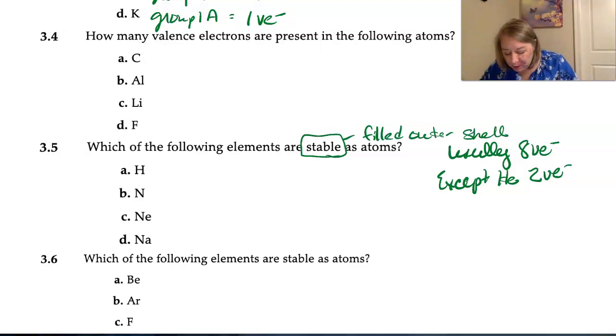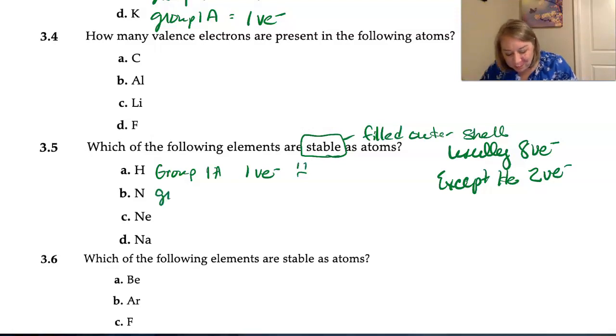So what do we got? We got hydrogen. Hydrogen is group 1A. So how many valence electrons? It has 1 valence electron. Is it stable? Nope, not stable. Sad face, right?